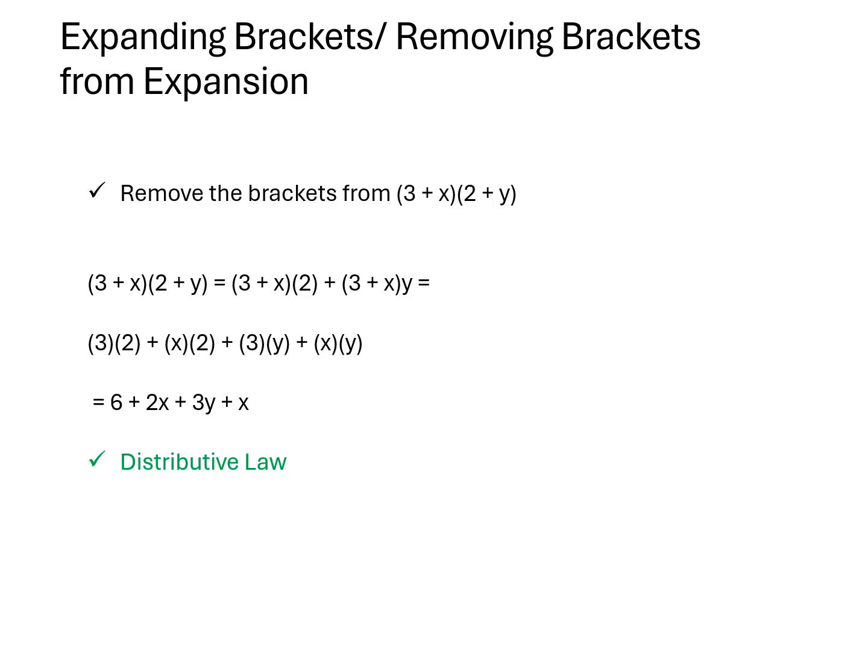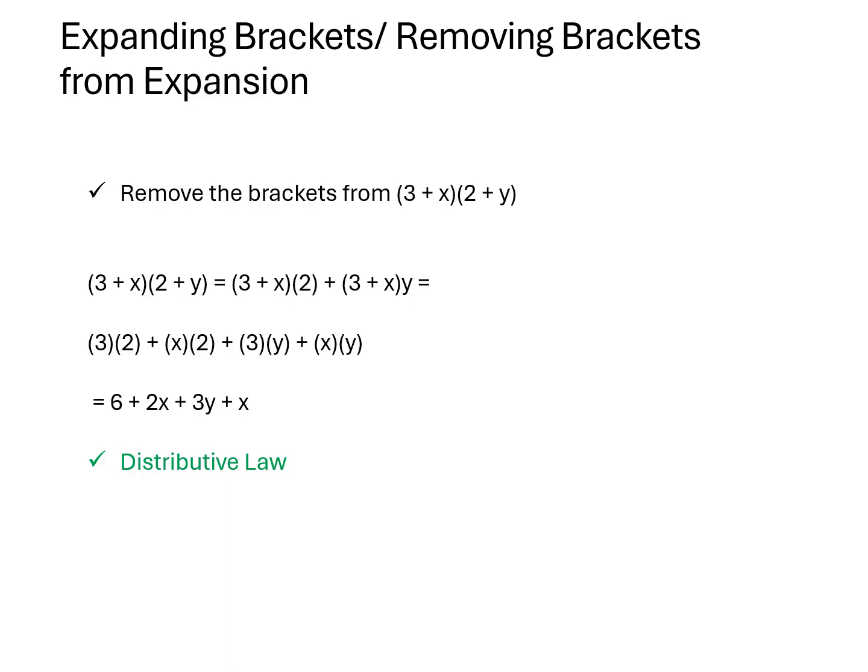Now, we're going to remove the brackets, two brackets now. Remember, they must multiply each other. Everything in one bracket must multiply everything in the other bracket. So one way we can do that is to multiply the (3 plus x) times the 2, and then the (3 plus x) times the y. You see that?